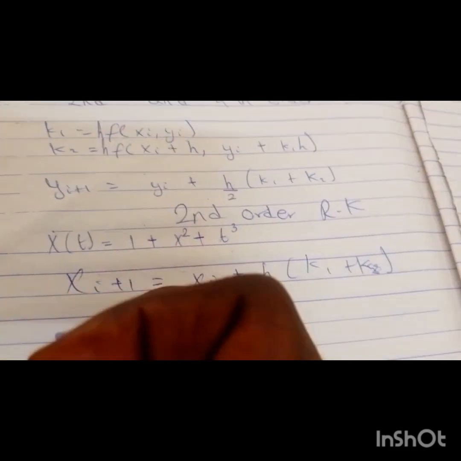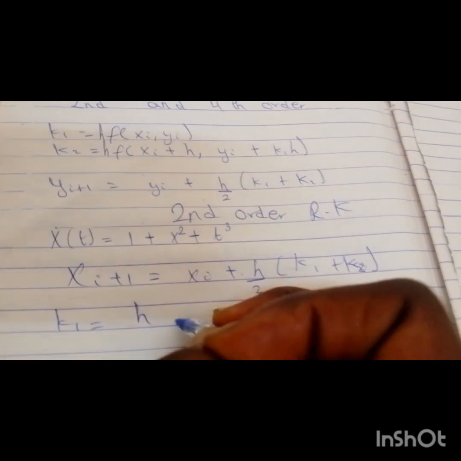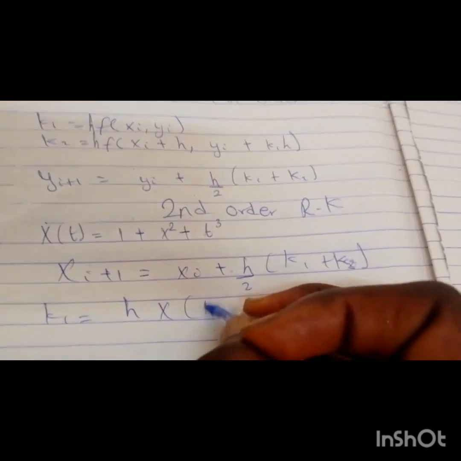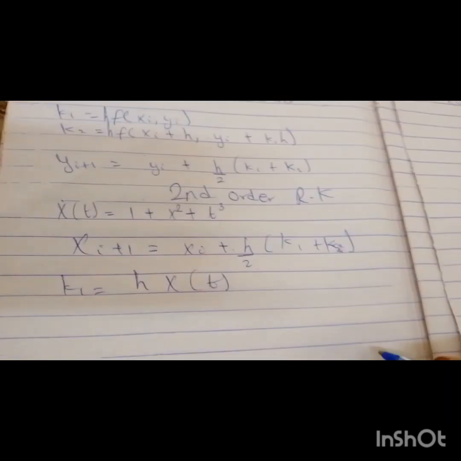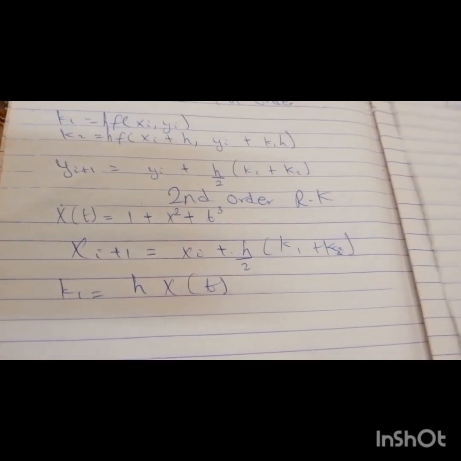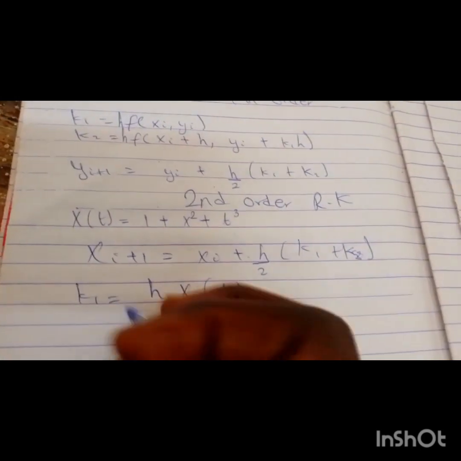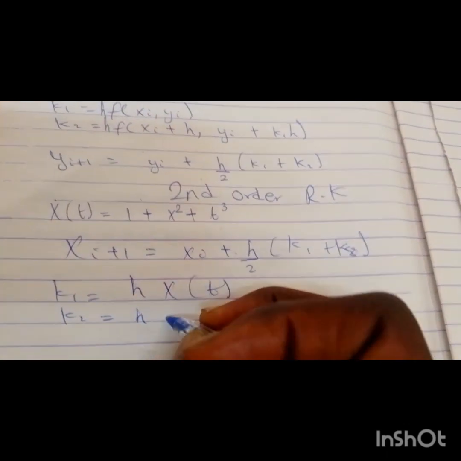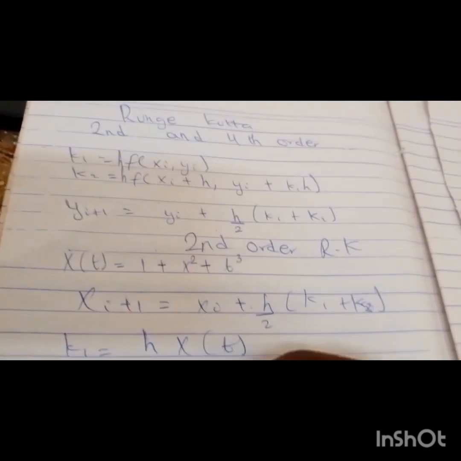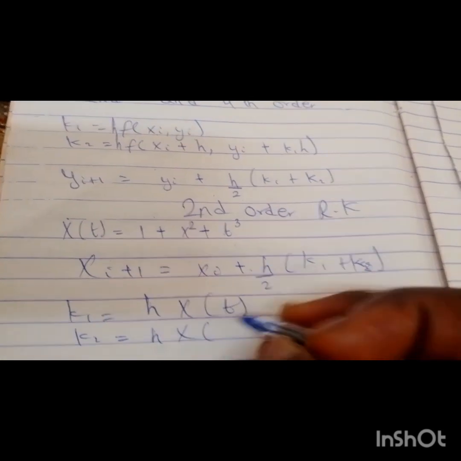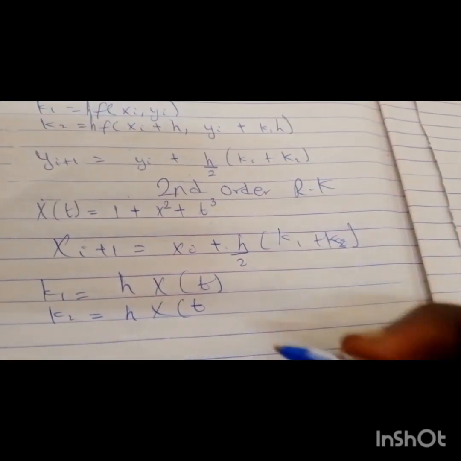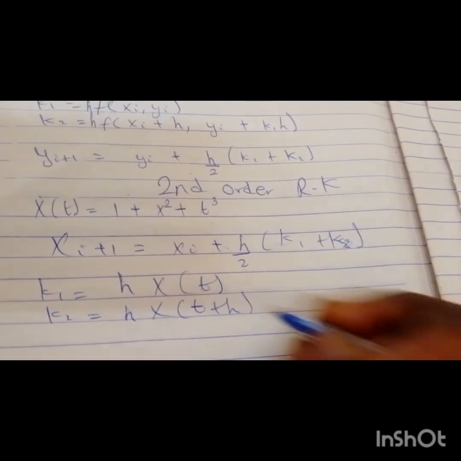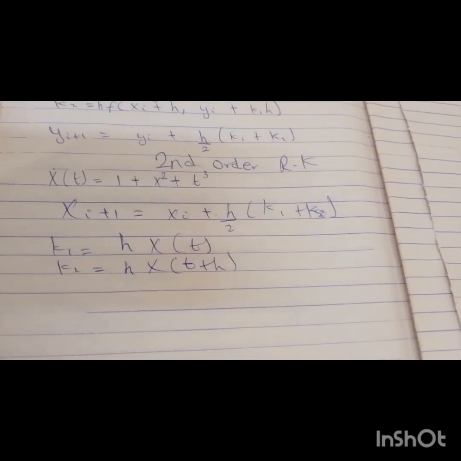Now our k1 will be equal to h times x of t, right? And then our k2 will simply be h times our x of the increment of t, so just say t plus h, right?